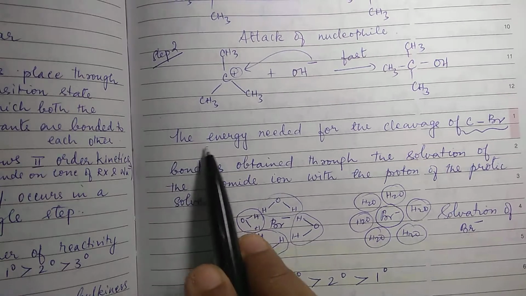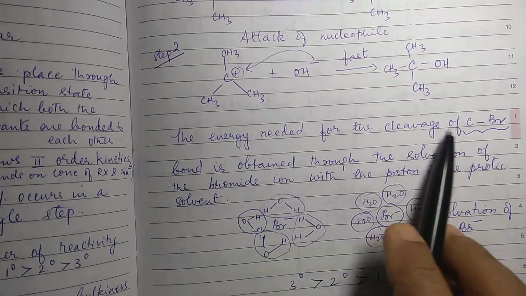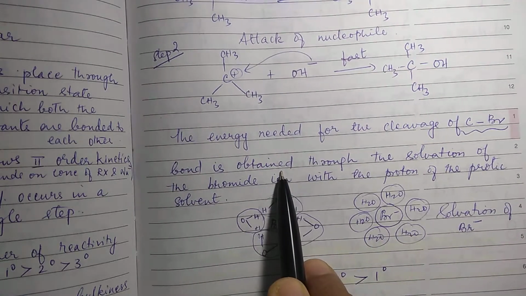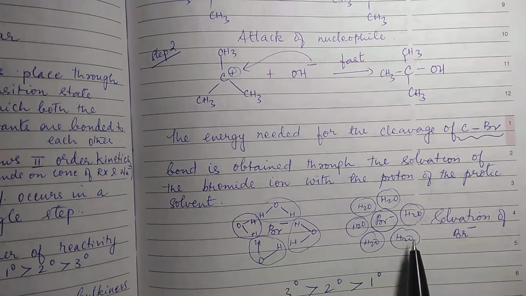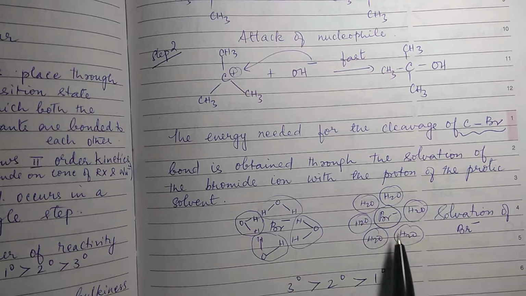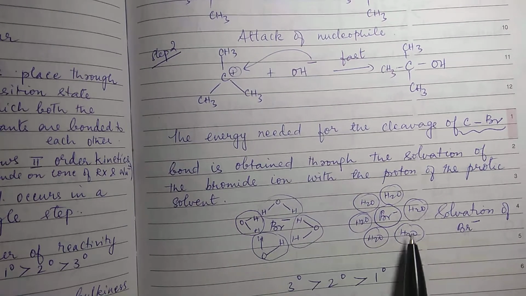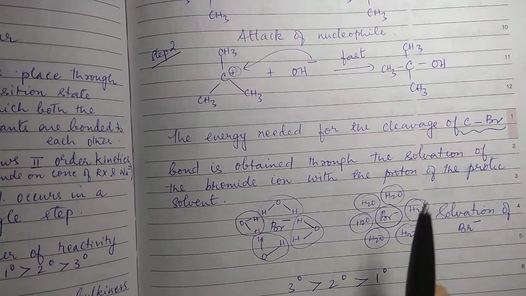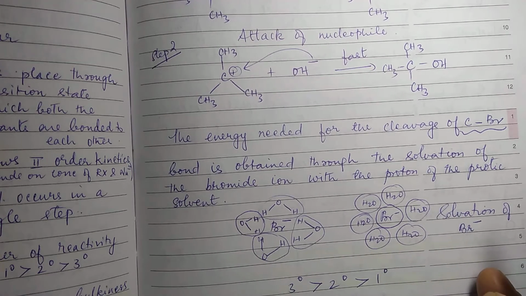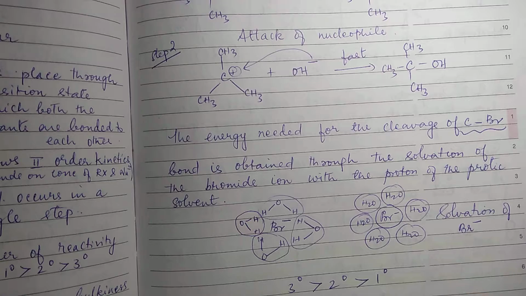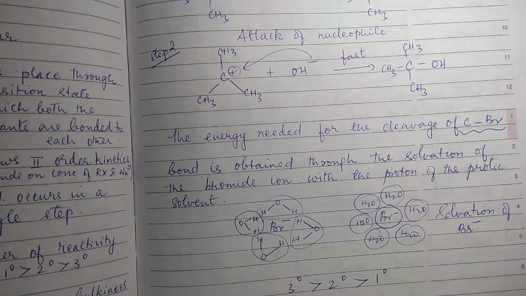So the energy needed for the cleavage of C-Br is obtained through the solvation of the bromide ion, through the interaction of water with Br minus. This interaction is something like bond formation, and any bond formation is exothermic. Exothermic means energy is released and the system reaches a greater stable state.